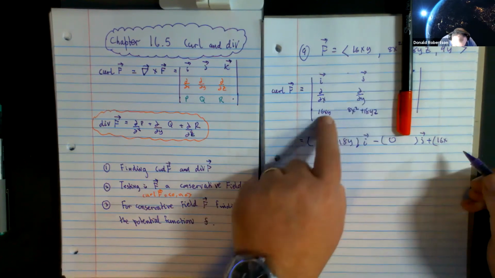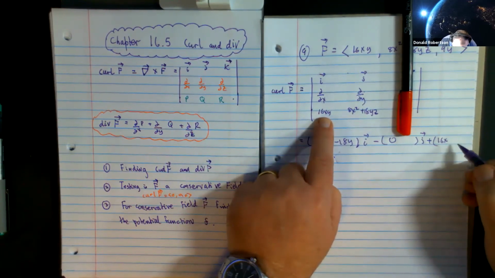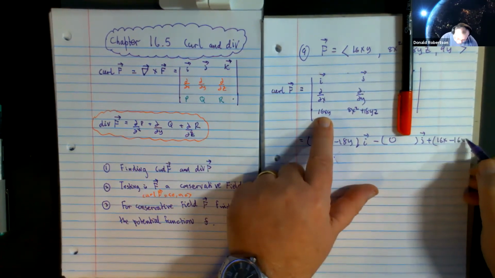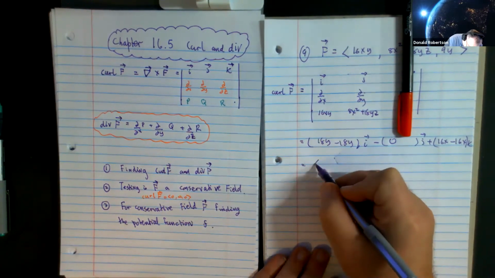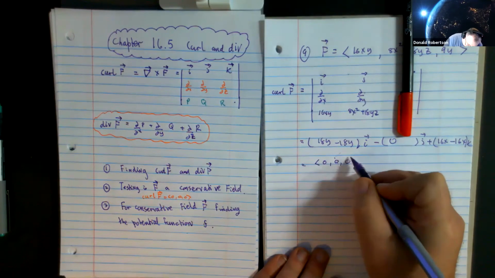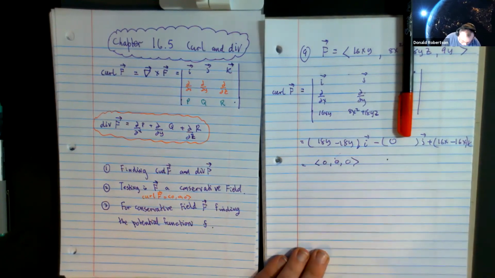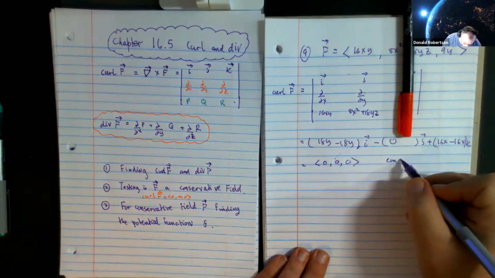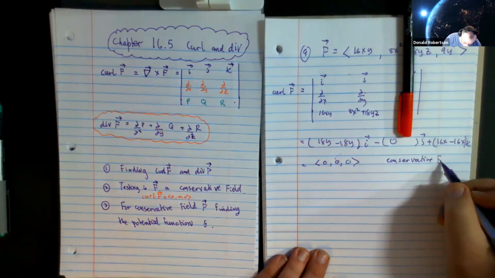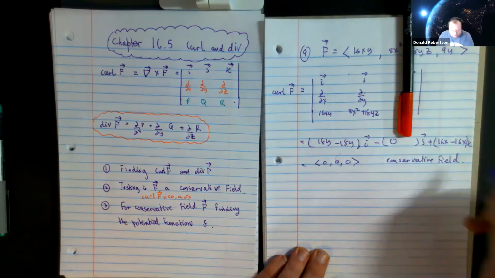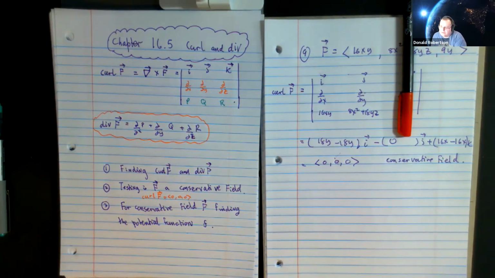And you do this one with respect to y and you get also 16x. So a perfect conservative field. We're good. Conservative field, curl is 0, 0, 0.